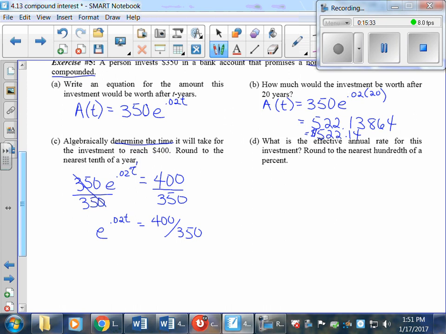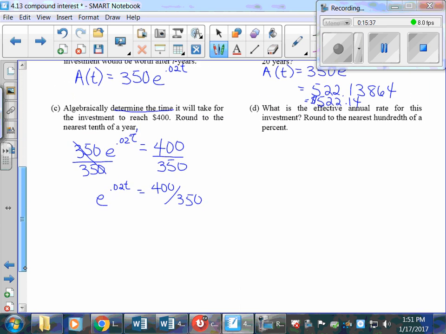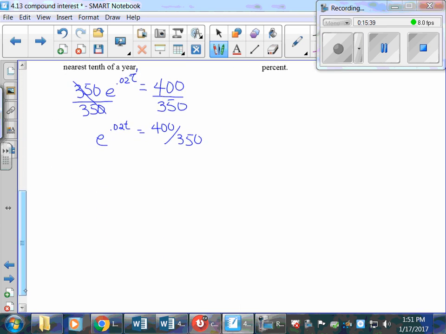So now we're going to log both sides. We're going to log both sides, but because we're working in a base e, we're going to natural log both sides. So we're going to do the natural log of e to the 0.02t is equal to the natural log of 400 divided by 350. And this is going to work out beautifully because now when we pull this out front, remember, same laws as we did before.